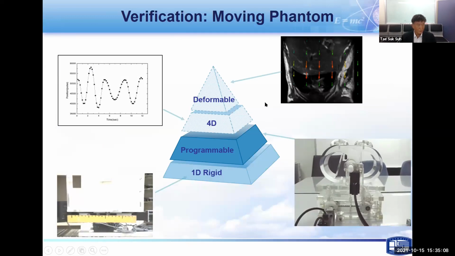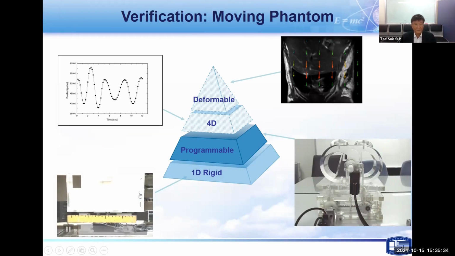To test the moving target and verify the dose in the moving target, we developed various types of moving phantoms. So I'm going to show some of our development.